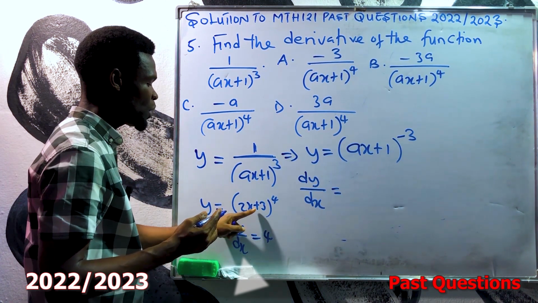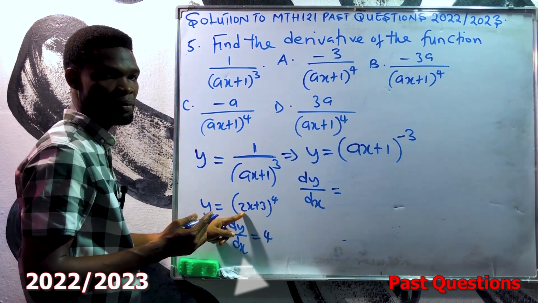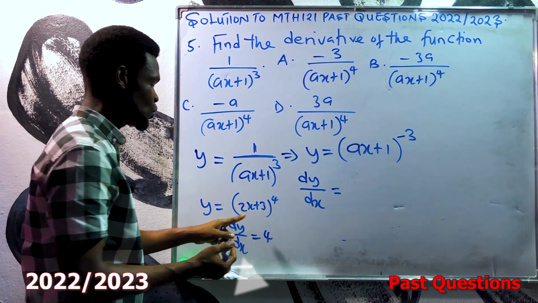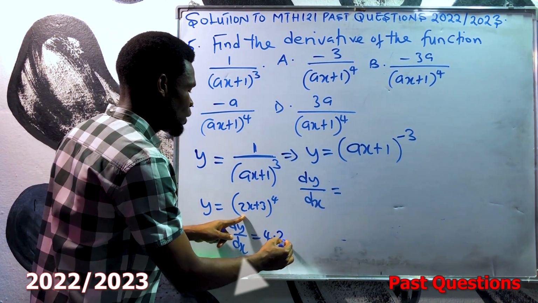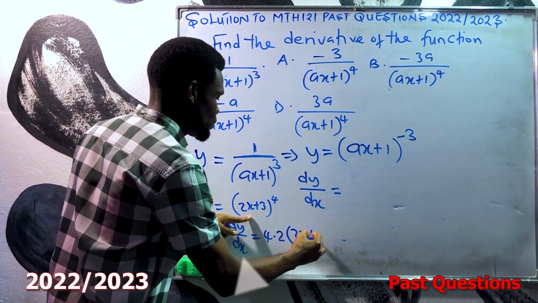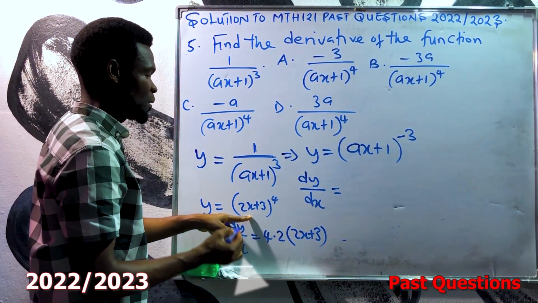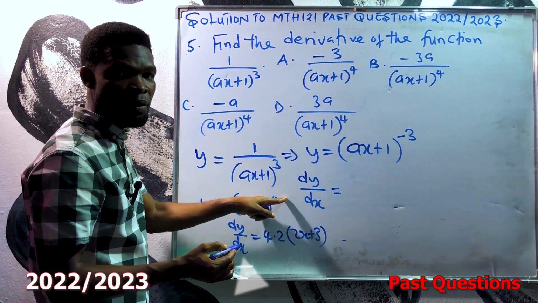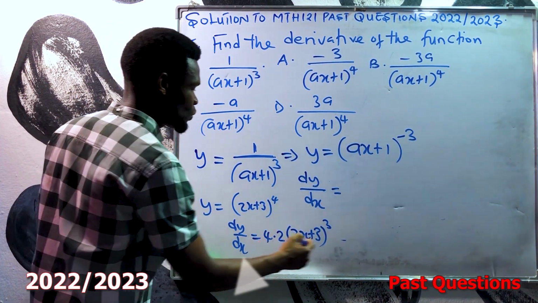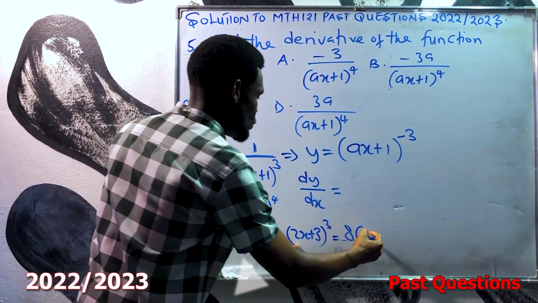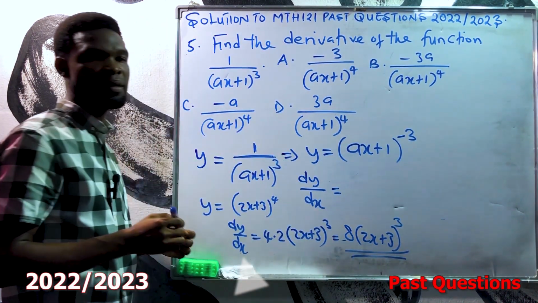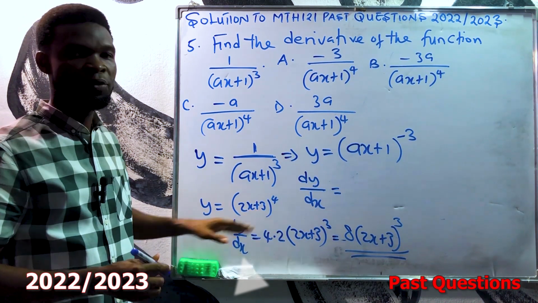The derivative of 2x plus 3 is 2. If you differentiate 2x, you have 2. If you differentiate 3, you have 0. So it's 2, times 2. Step 3, repeat the bracket, which is 2x plus 3. Step 4, subtract 1 from the power. So 4 minus 1 will give you 3. So 4 times 2 is 8 into 2x plus 3 raised to the power of 3. This is the answer to this particular function.